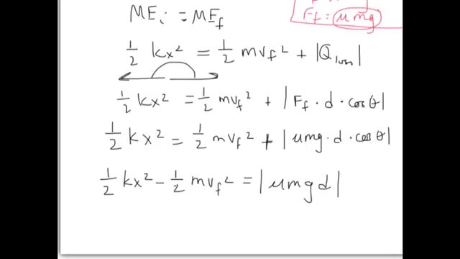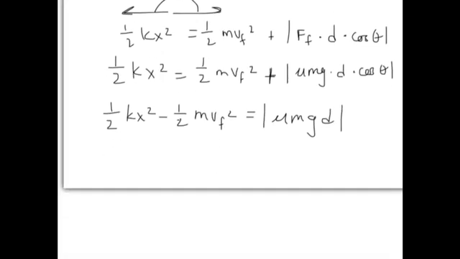So now we're trying to find our value of D in the second side of this equation. So let's factor out a D to start this. If we factor out the D, we're going to end up with 1/2 kx squared minus 1/2 mvf squared, and that equals D times the quantity mu mg. Okay, and that's in absolute value there.